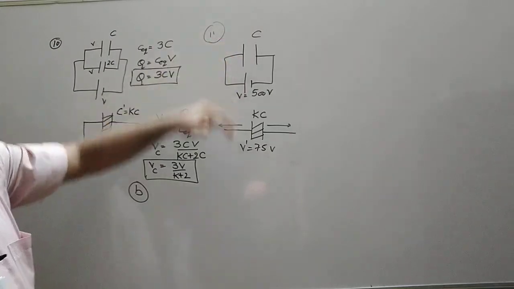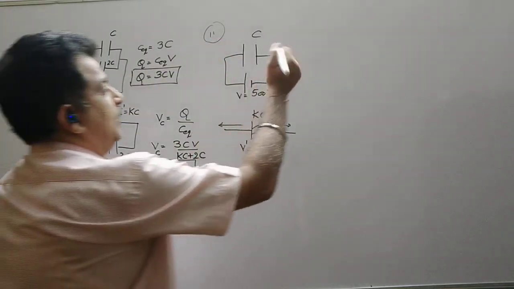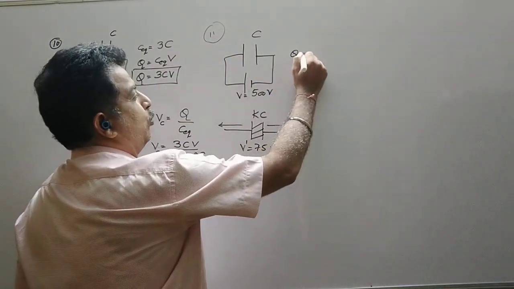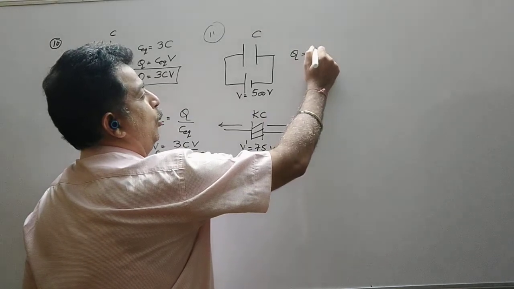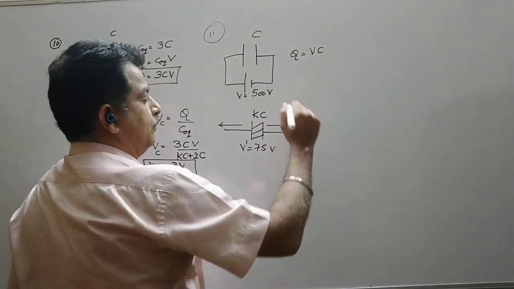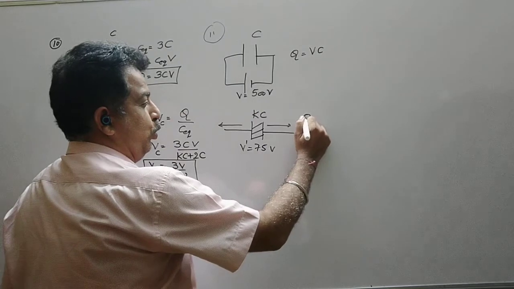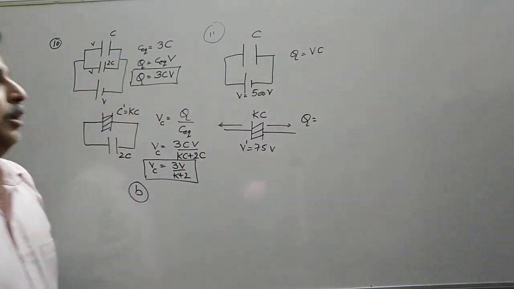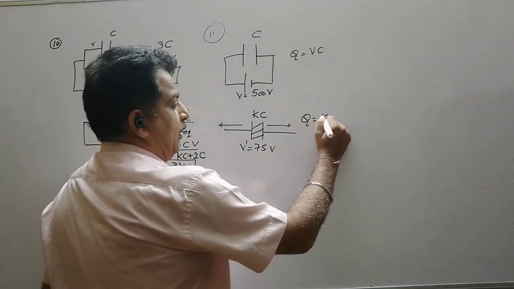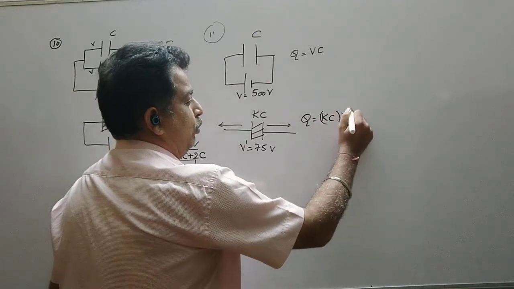Now the potential will decrease and therefore Q is equal to CV, and here also Q is equal to K times C into V dash.